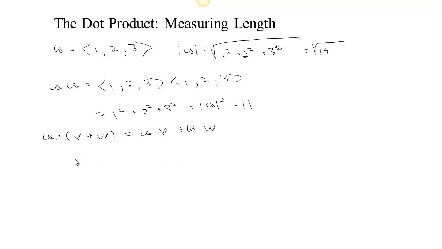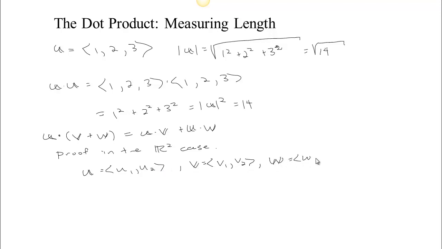We could check this in a simple case, in the case of R2. u would have entries u1, u2, and v would have to have two entries, we'll call them v1 and v2, and w would have to have two entries, let's call them w1 and w2. And let's check both sides of this.